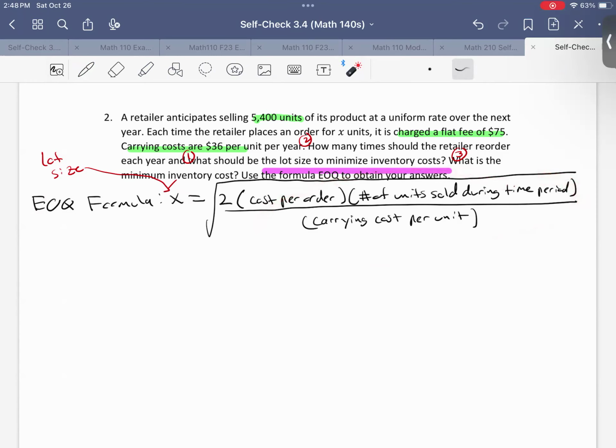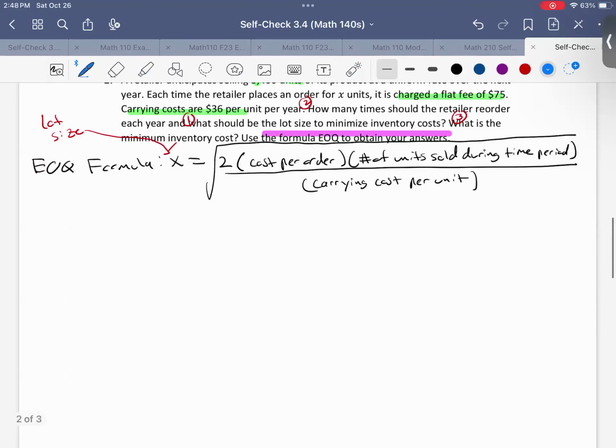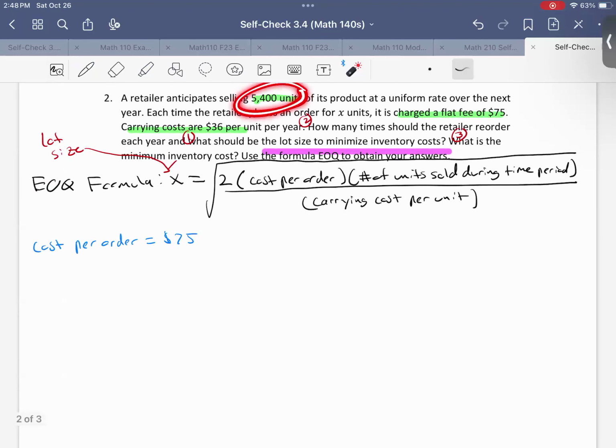Our cost per order is stated in the question. It's just going to be $75. So let's go ahead and write out all that we know. Cost per order equals $75. And the number of units sold during that time, it says in the beginning, is 5,400.